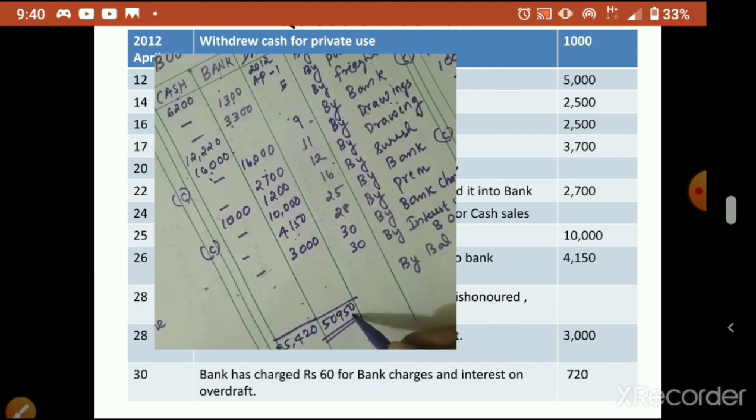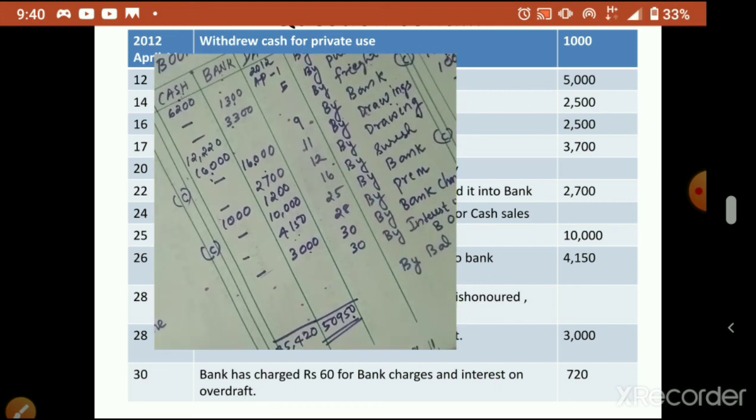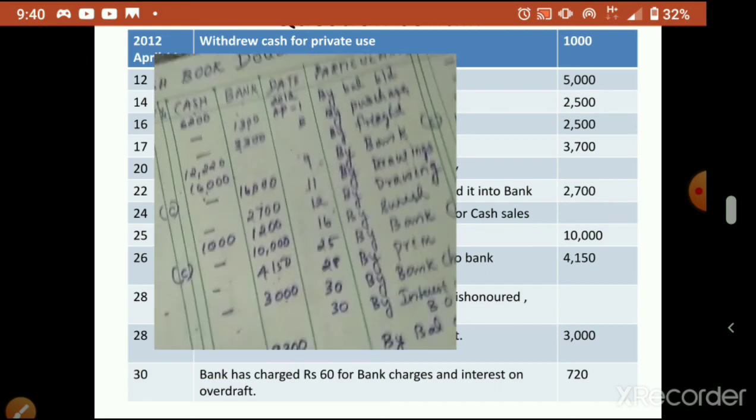So after totaling all of these, minus from 50,950. That total is coming 41,650. So 41,650 minus from 50,950, it will be coming 9,300. So what we write? To balance carried down here. Also we write to balance carried down.